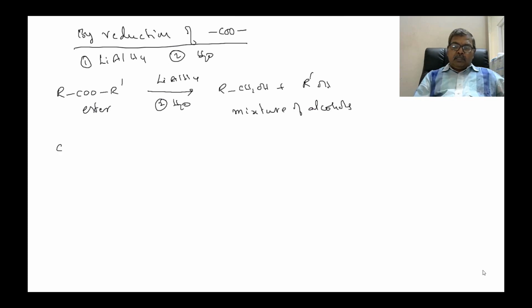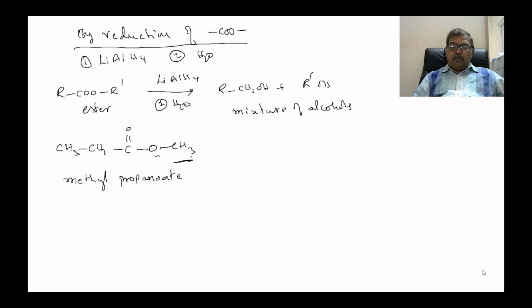For example, CH3CH2C double bond O, O CH3. This is methyl propanoate. This is the IUPAC name of the ester.